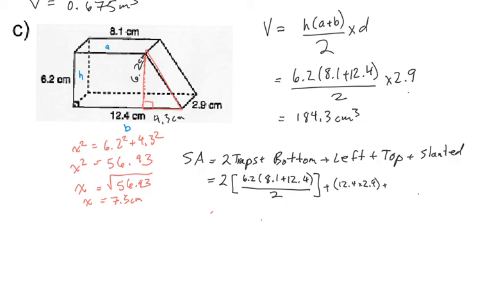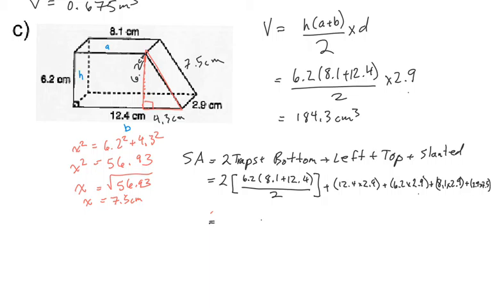Plus the left, plus the top, which is 6.2 times 2.9 again, plus 8.1 times 2.9, and then now for the slanted part, which is 2.9 times, I think this is, yes, I will label this 7.5 centimeters, plus 2.9 times 7.5.